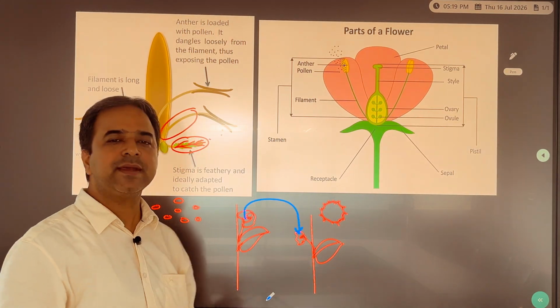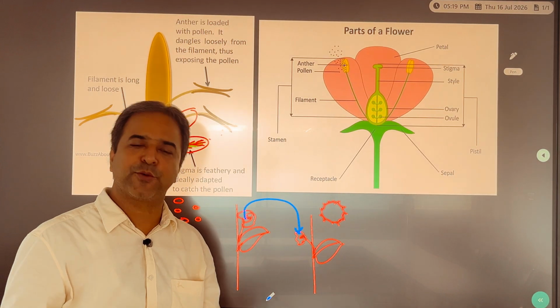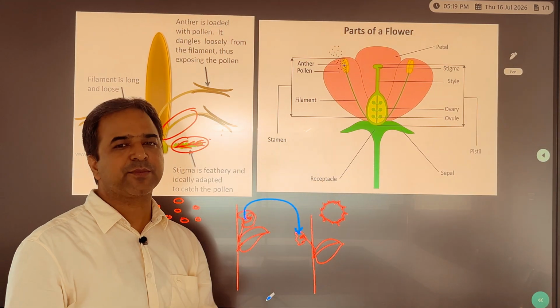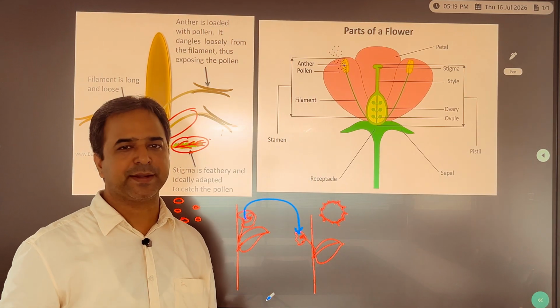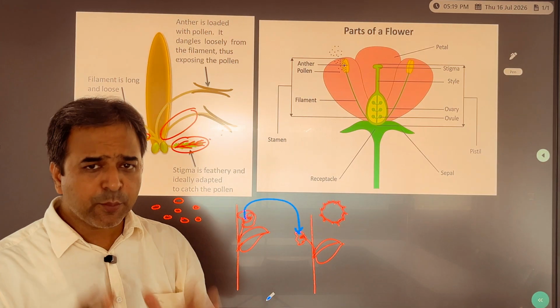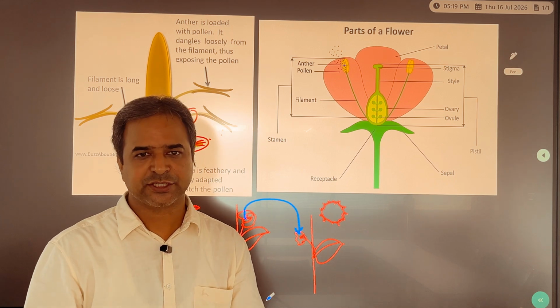It is providing better adaptive features for the surrounding environment. But if it is self-pollination, genetic makeup is going to remain the same and the plant will be just similar to its parent. Okay? So children, today we discussed pollination. In the next class, we will be discussing fertilization. Okay?